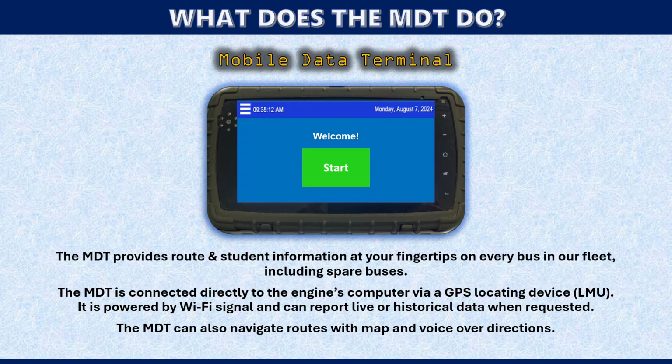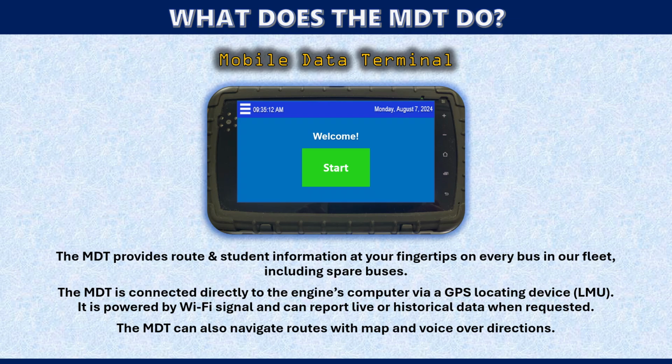So what does the MDT do? Our mobile data terminals, or MDT, provide route and student information at your fingertips on every bus in our fleet, including our spare buses. The MDT is connected directly to an engine's computer via a GPS locating device. We call it an LMU.